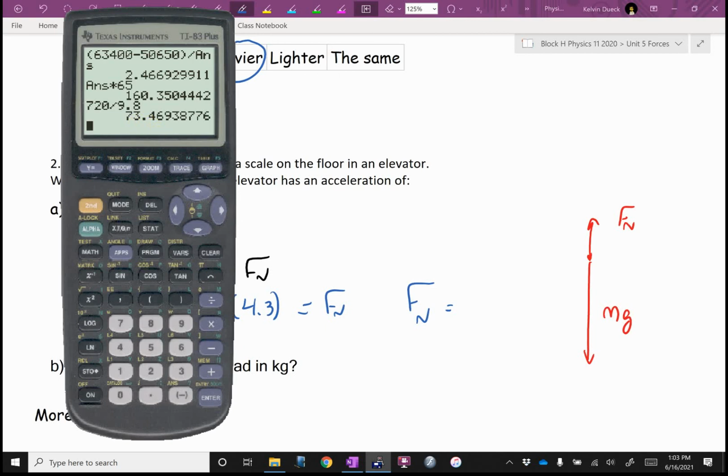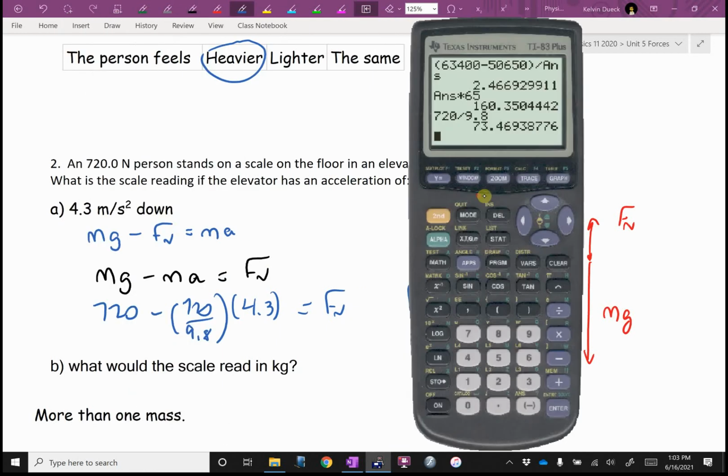My answer is going to be off by a tiny bit. I mean, there's a 9 there, so maybe going 73.47 would be pretty good. I would probably just type in 720 divided by 9.8 every time I needed an m. It's a little bit of extra typing, but it'd be great. Anyways, 720 minus 720 divided by 9.8 times 4.3, and I get 404.